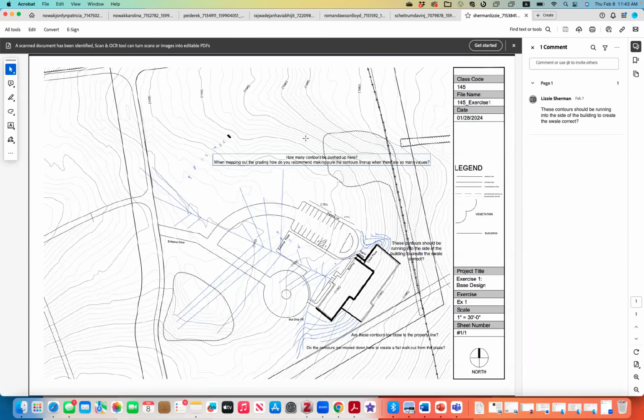Okay. So for this one, we have some revision of the base map to do. I think everybody got the base map corrections. I would suggest getting the base map down first, because you need to have the rough locations of these components correct.